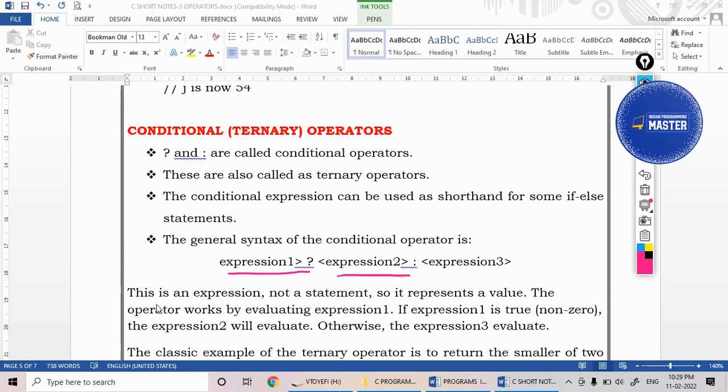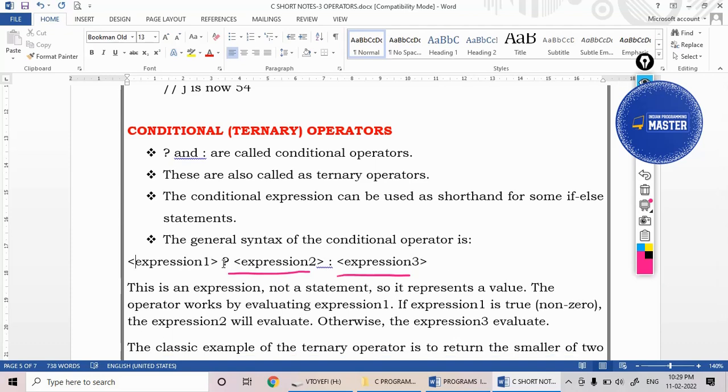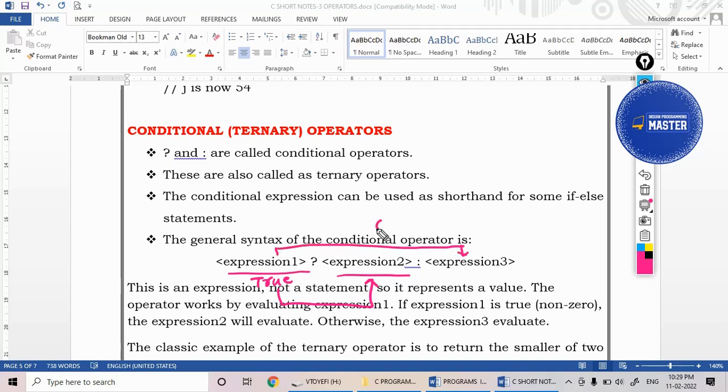Here, whenever expression 1 is true, then expression 2 is evaluated. Whenever expression 1 is false, then it evaluates expression 3.